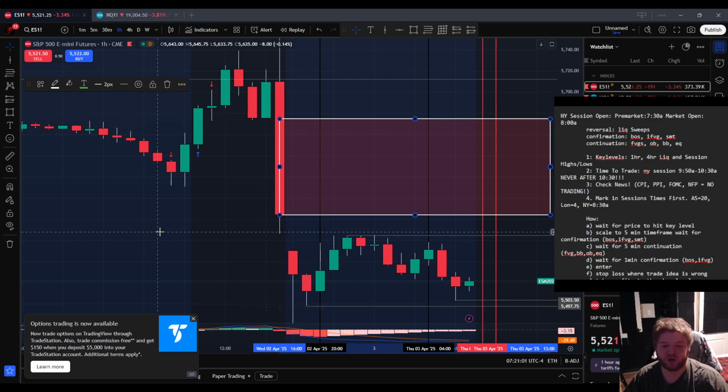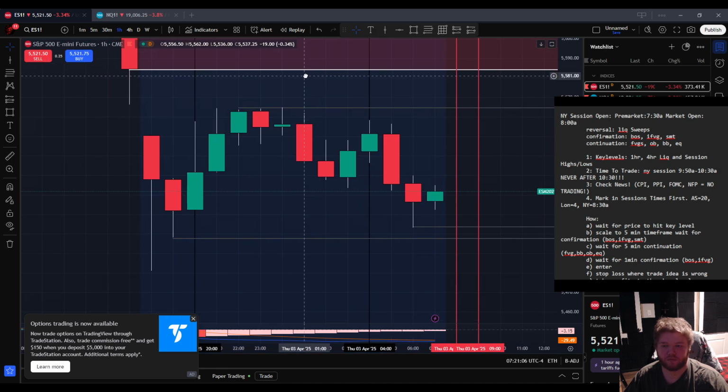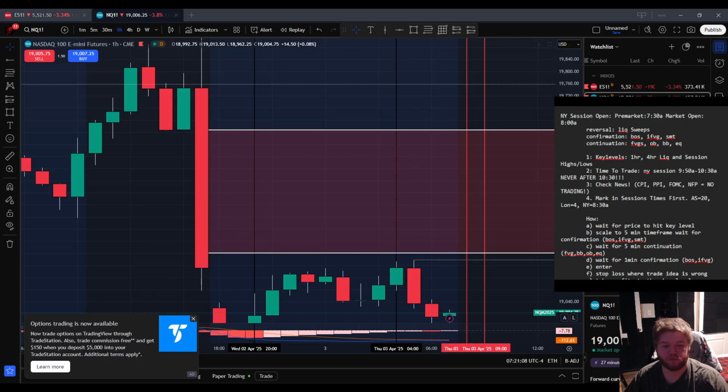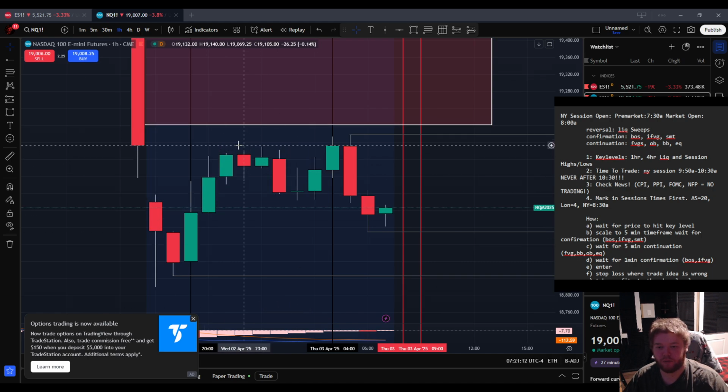Small difference on the chart there. Right up. Boom. Spark liquidity on this high. Price is going to continue moving down.